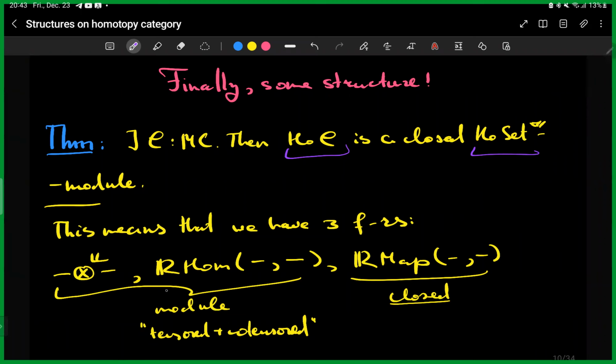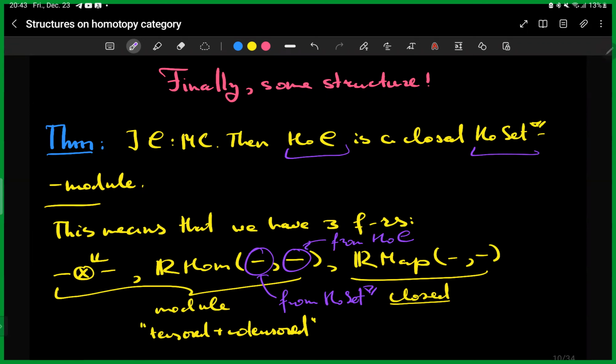So we have this hom, which takes an argument from this monoidal category and an argument from our category.